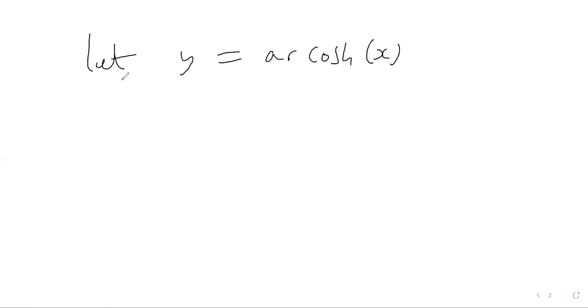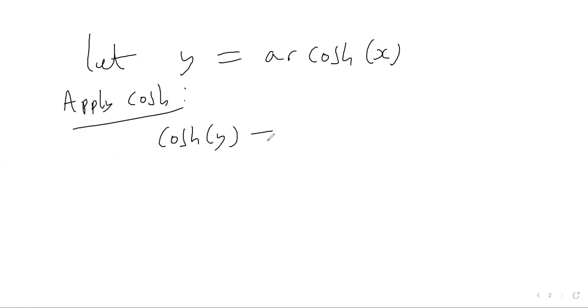If we apply the cosh function to both sides, we get cosh y equals cosh of arcosh, which obviously cancels out because they're inverse functions, so you just get x there. Then the next step, which we've done in previous videos, is to apply d by dx to both sides, so differentiate both sides with respect to x.